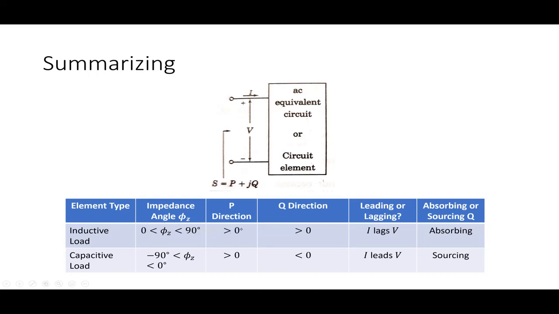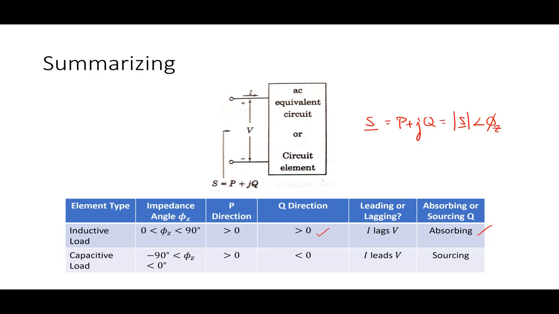P is going to be positive because I have a load and power is being absorbed by a load. For an inductive type of load, S equals P plus jQ has the same angle as the impedance. And so Q will be positive for this guy. We said that I lags the voltage and it is absorbing reactive power.